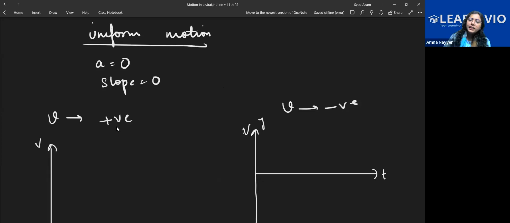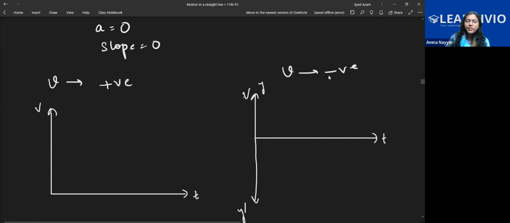Now, in uniform motion, remember we discussed that acceleration doesn't change, so slope will be constant. For example, in a V versus T graph, you have a positive velocity and acceleration is 0. Slope is 0 means there is no acceleration.